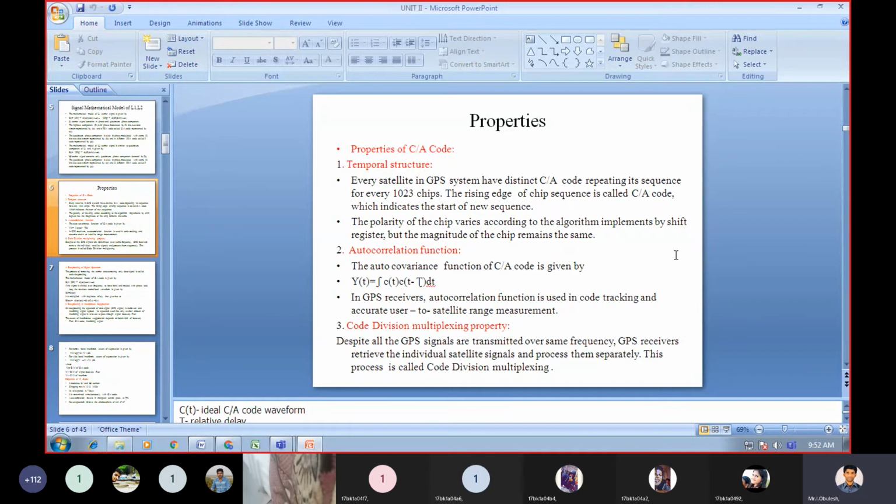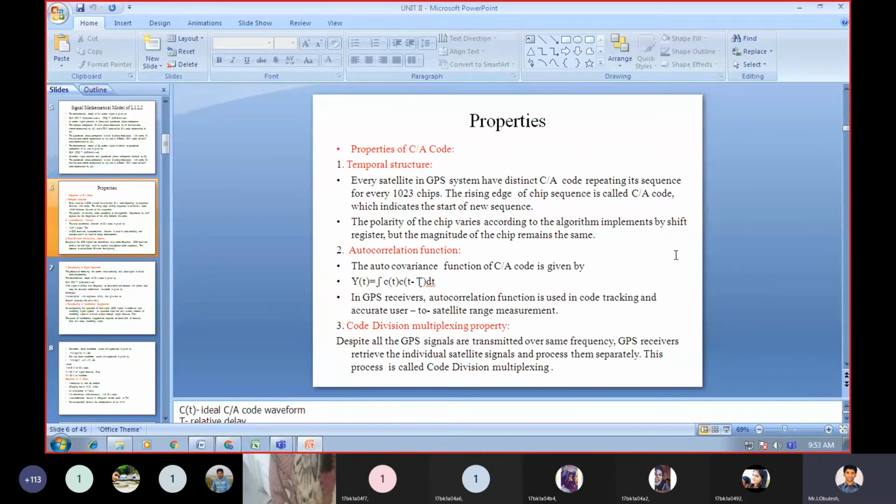So for tracking the code and getting accurate satellite ranging measurements, you need the autocorrelation function. So this is the autocorrelation function.